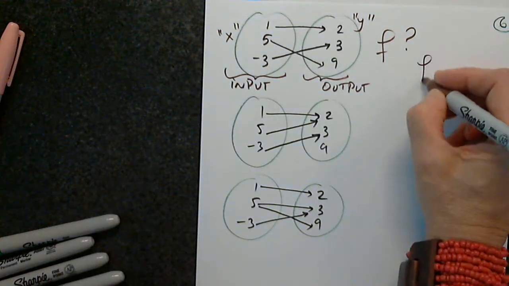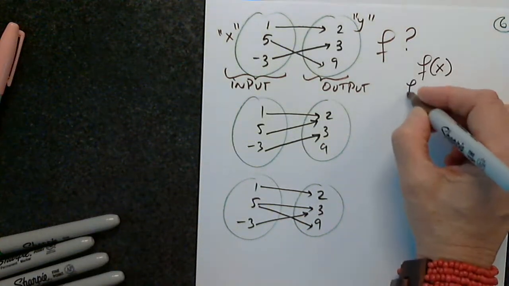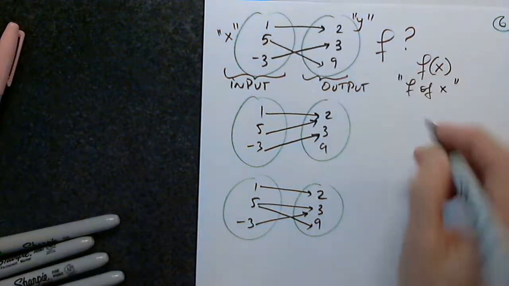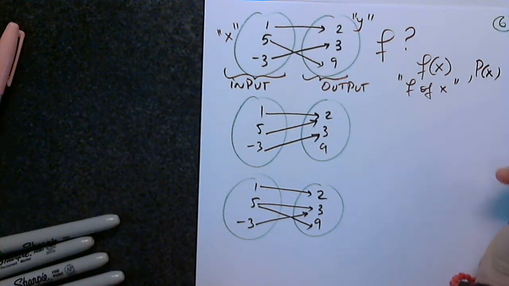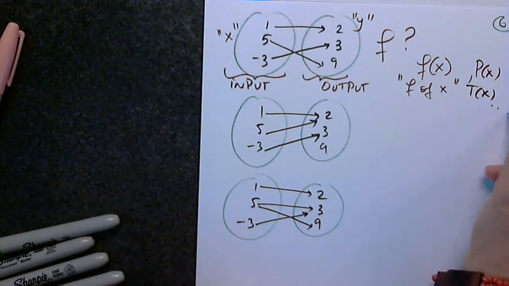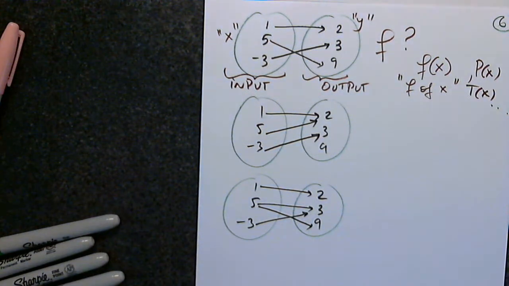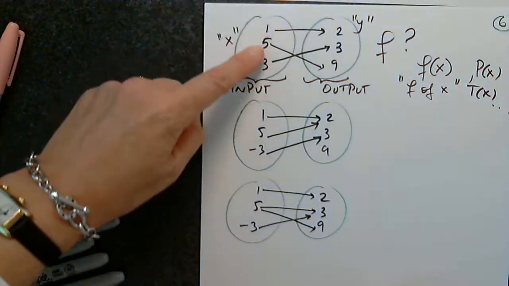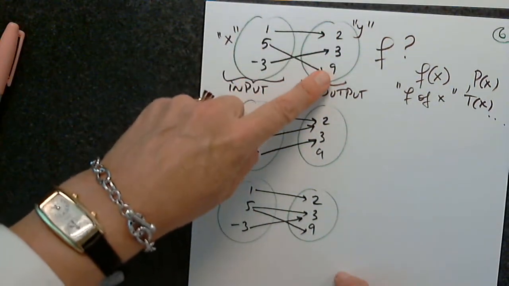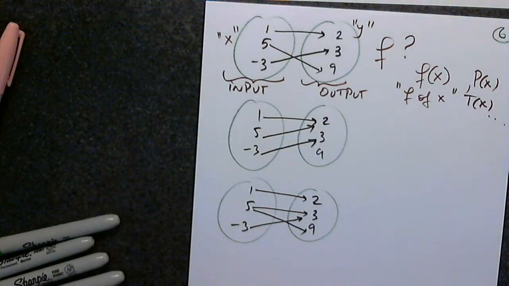The notation for any function is f of x. Does it have to be f? No. It can be p of x, t of x, h of x. So this first scenario is a function.